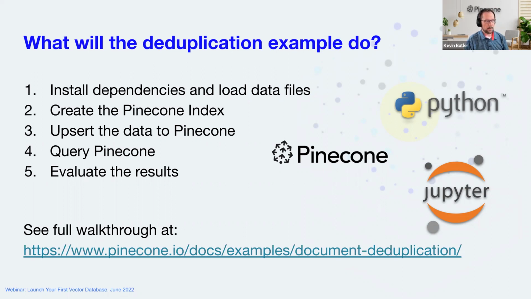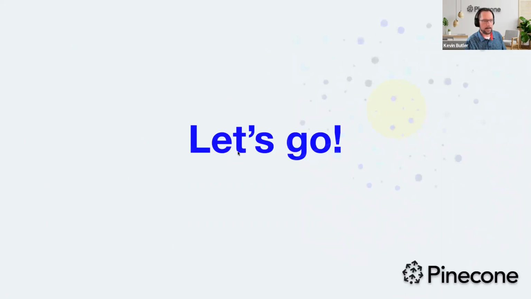It creates the Pinecone index, upserts the data to Pinecone, generates a test set of queries, vectorizes those queries, and then it sends those queries, gets the results back, and then there's an evaluation of the results to see how accurate the prediction was, whether or not they were considered duplicate documents. There's an entire walkthrough of this code and more explanation in the download link here, or the hyperlink. Okay, so let's go.